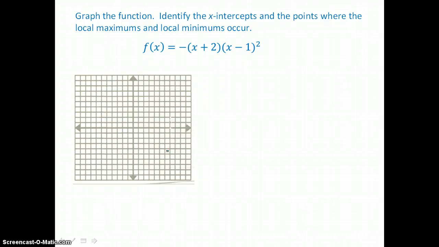The function is given in factored form. So the first thing we should do is analyze the end behavior. Since it has a negative leading coefficient, we know that it's going to fall to the right.